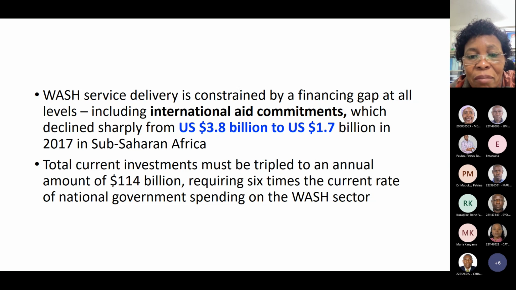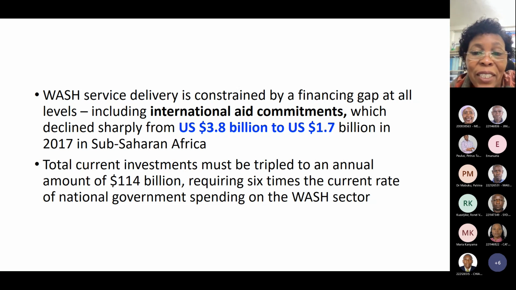But internationally there has been a financial constraint observed in the WASH service delivery. And the total current investments must be tripled, literature informs, to an annual amount of $114 billion, requiring six times the current rate of national government spending on the WASH sector.